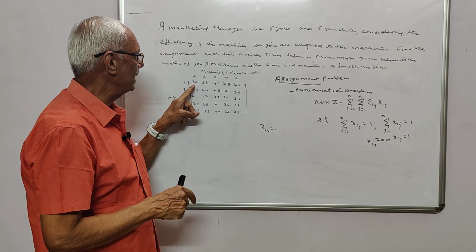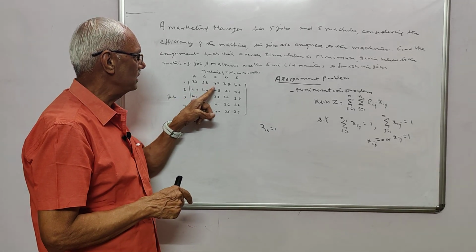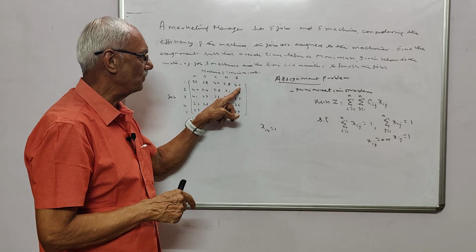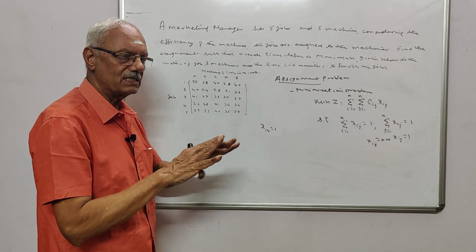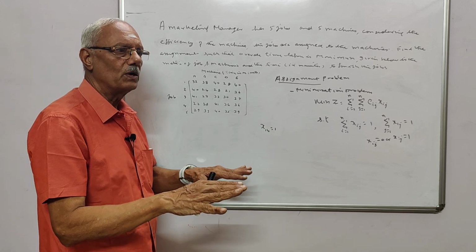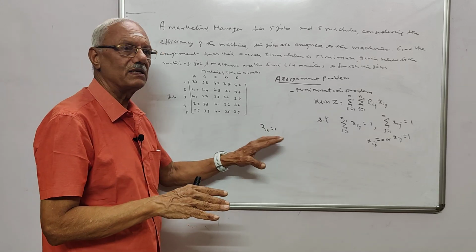But x11 is 0, x12 is 0, x13 is 0, x15 is 0. So x14 equal to 1 means the rest of them will not do the job. In those places the assignment is 0.